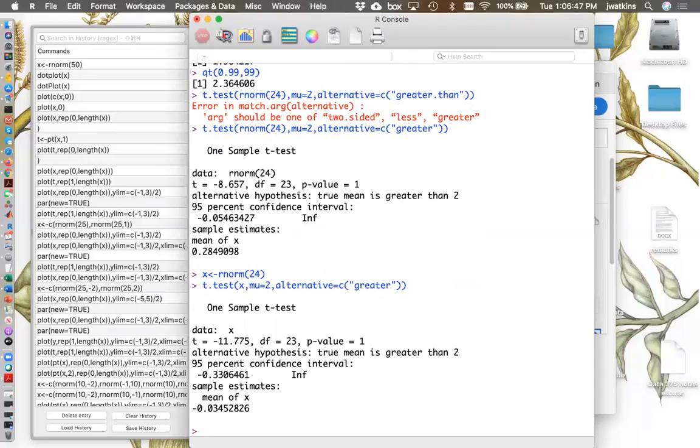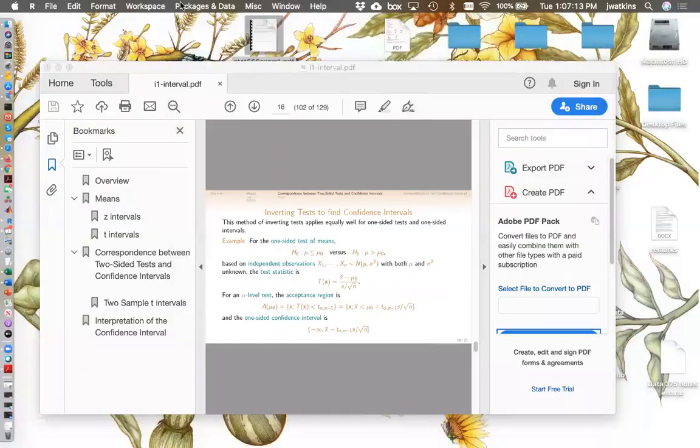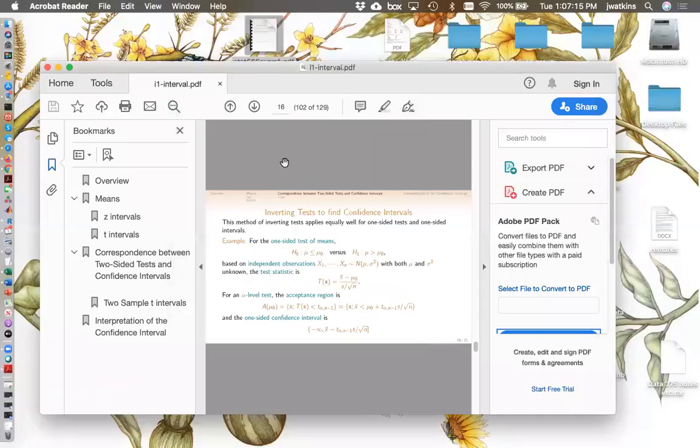It really rejects it, and it gives me a lower level t-statistic, or a level of confidence of 0.33. Now, if I change the mu to 0, it just doesn't care. It may accept it, but it doesn't really impact the confidence interval at all. So that was the point of my little commentary: if you just want a confidence interval, it doesn't even matter what you pick for the null hypothesis mean value. All that matters is you pick the right alternative. Okay, let's see.